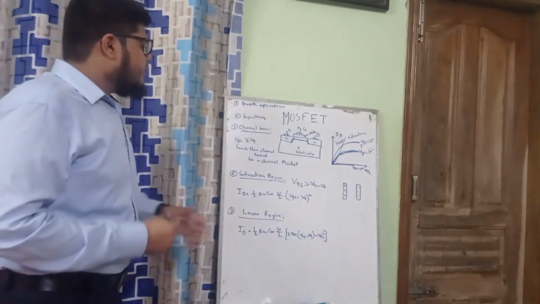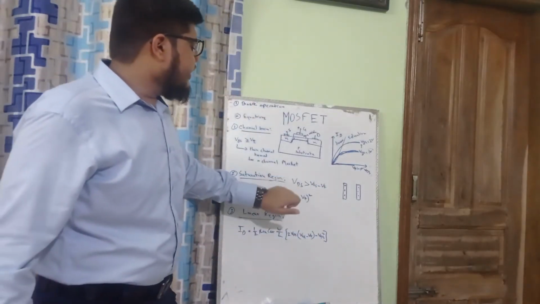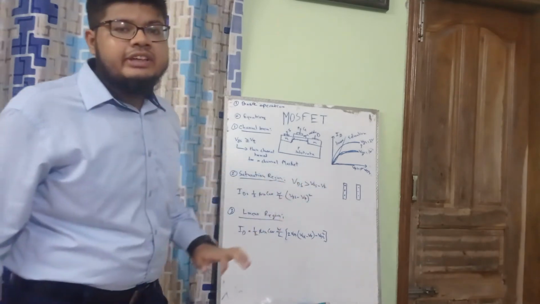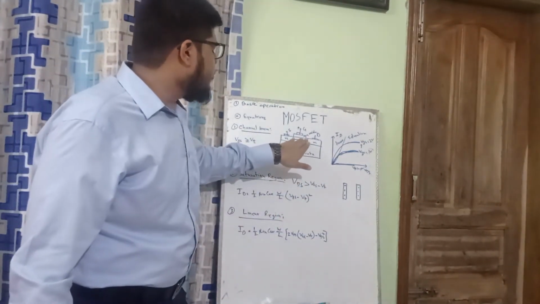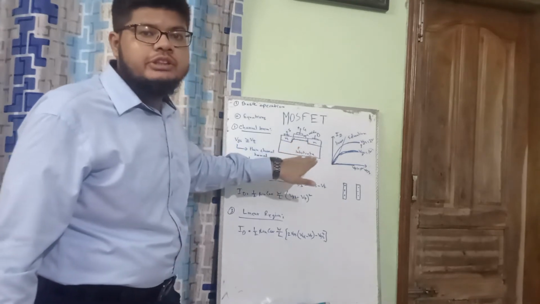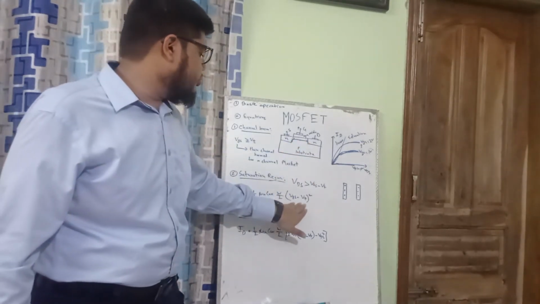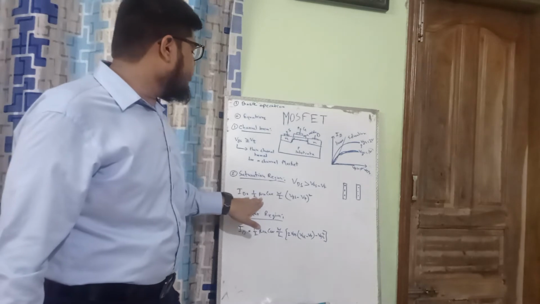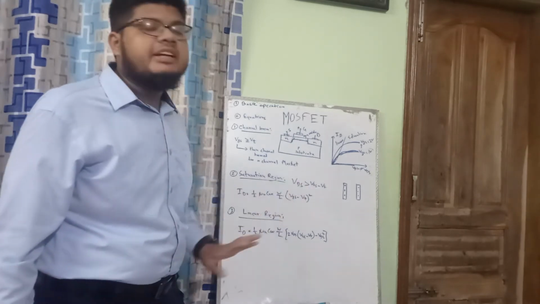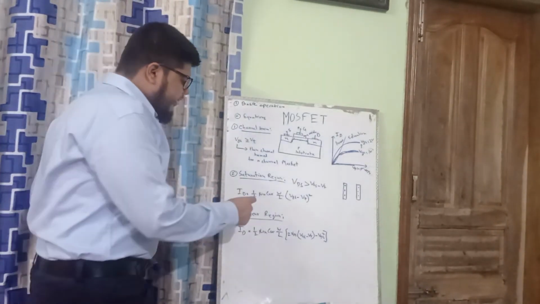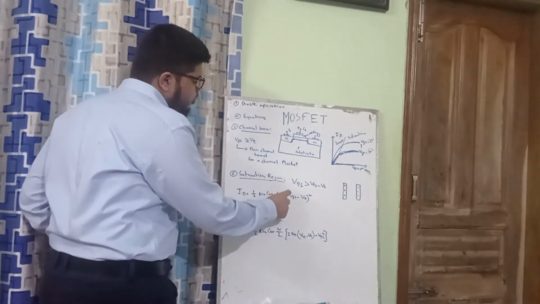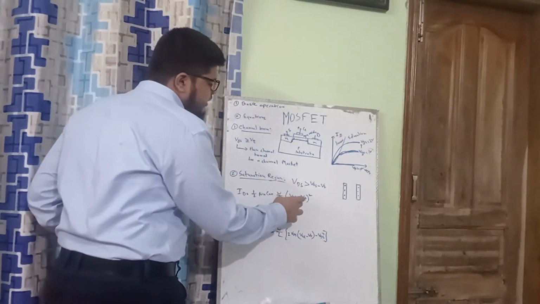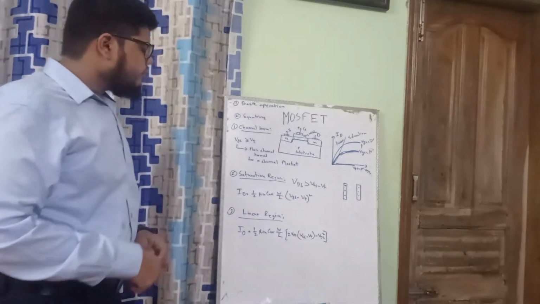If the drain to source voltage is greater than VGS minus VT, then you can say that the MOSFET is in saturation region, and you can use this equation, which is ID equal to half mu n Cox W by L times VGS minus VT whole square. And here the question will give you the value of mu n Cox W by L. You just have to work with the VGS, VT and ID.